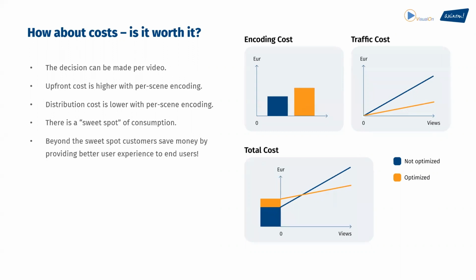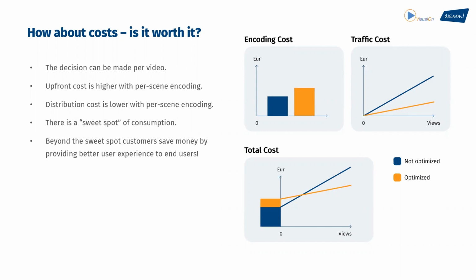And the last diagram shows these 2 things combined. So with an optimized video, the orange one, we start at a higher price point because we already paid a bit more when creating the video, but then the number of distributions dictates how much traffic cost is added, and the more views you get, the higher the total cost becomes.